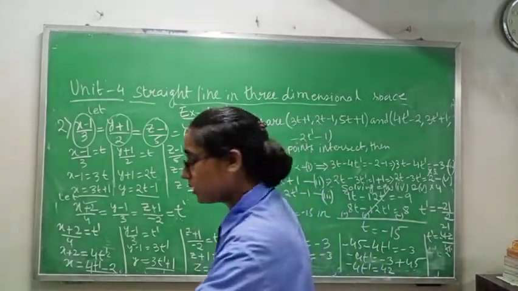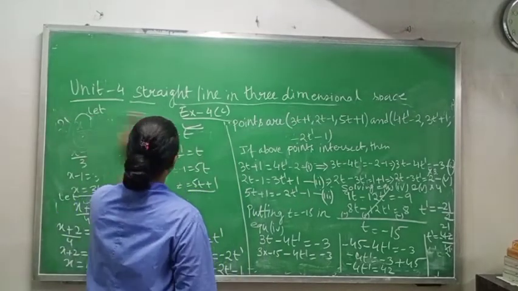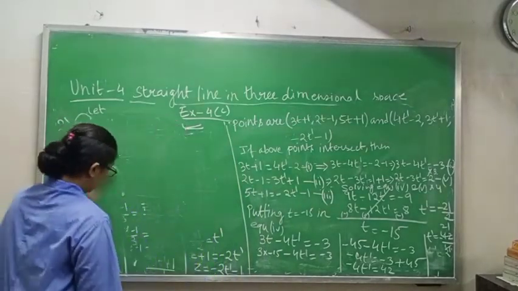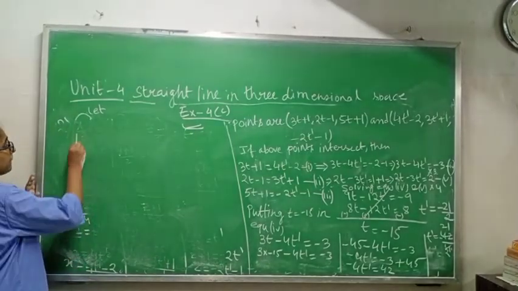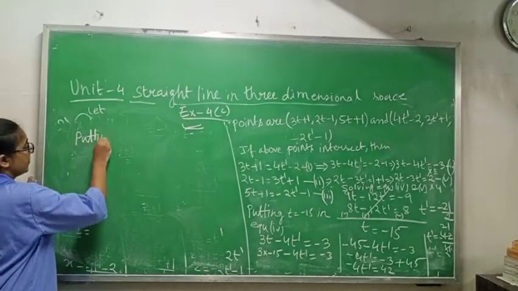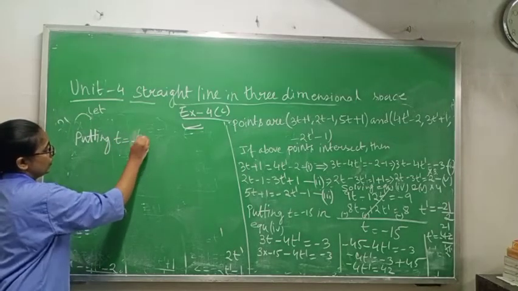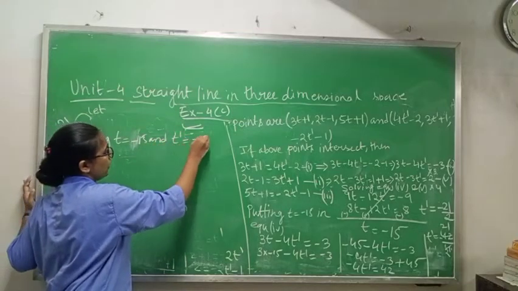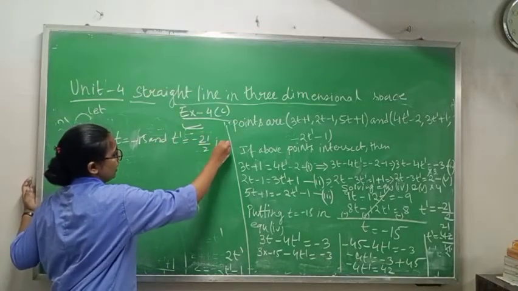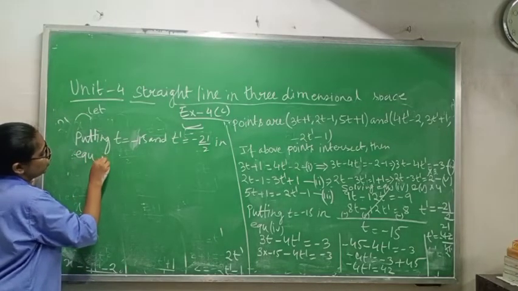Now you have to put this t and t dash value in equation 3. Okay, so which one is equation 3? First we will write, putting t equals to minus 15 and t dash equals to minus 21 by 2 in equation 3.